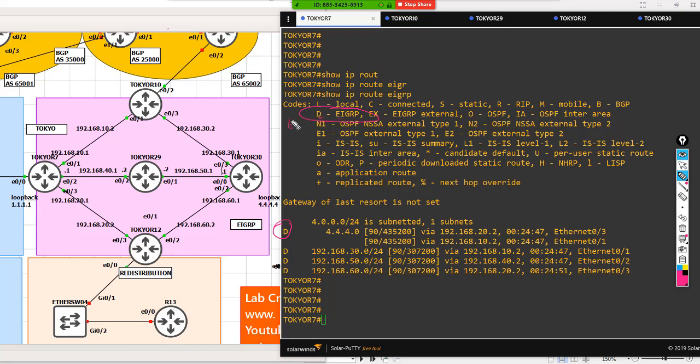Why not E? Because in case of OSPF, we make use of O. In case of BGP, we make use of B. In case of RIP, we use R. But in case of EIGRP, we don't use E. The reason is there should be some other purpose for E, like for example, this is used.